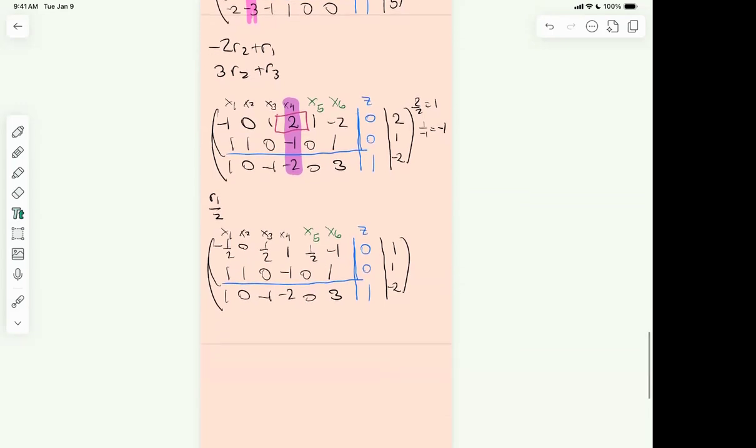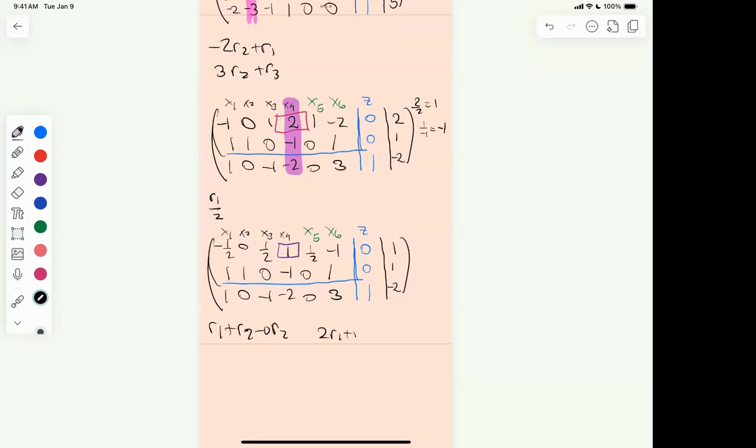Okay, and again, this is our main interest. Now I turn this one into a 1 and make zeros everywhere else. So how do I make zeros everywhere else? I'll do row 1 plus row 2 into row 2, and 2 row 1 plus row 3 into row 3.